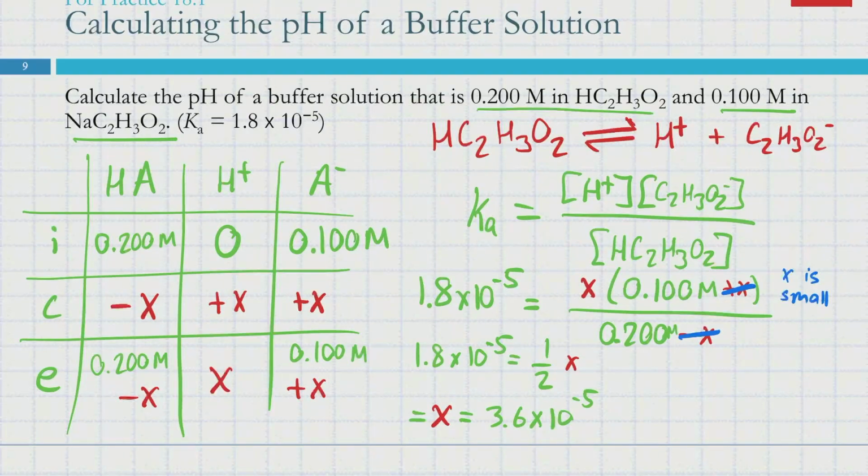And x is also the concentration of our H+. So we'll do negative log of 3.6 times 10 to the minus 5, and we get an answer of 4.44.